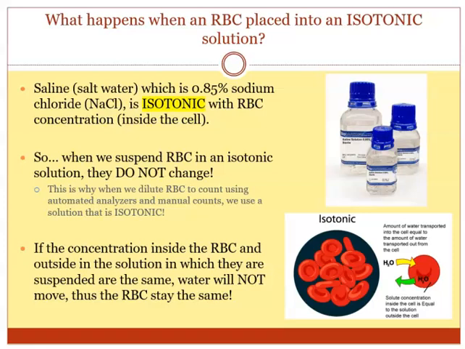This is due to the red blood cell and the saline being isotonic. There's no need for an exchange of water inside and outside because it's the same concentration on the inside of the red blood cell as the outside of the blood cell.